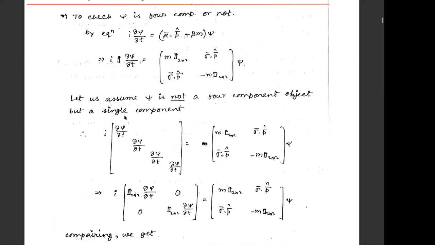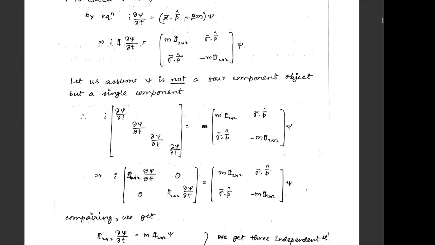This you can actually write in a 2 by 2 format. This can be written as a 2 by 2 identity matrix times ∂ψ/∂t, and another 2 by 2 identity matrix times ∂ψ/∂t. This is equivalent to this thing actually. And on this side you have the same thing. Basically psi is multiplied with this and with this, because if psi is a single component thing, then it should be multiplied by all the elements. Then you equate both sides.